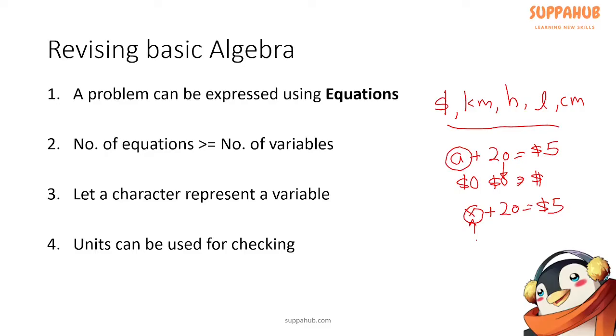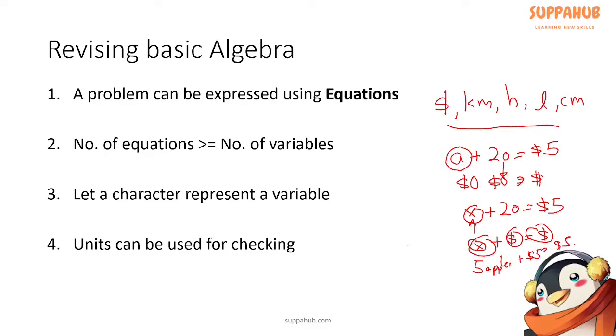Because here is the number, let's say whatever number you have, X. And now here's a dollar plus dollar. You can't have dollar plus a number and give you a dollar. Just like you cannot have 5 apples plus $5 give you $5. Doesn't make sense, right? So units can be used for checking.